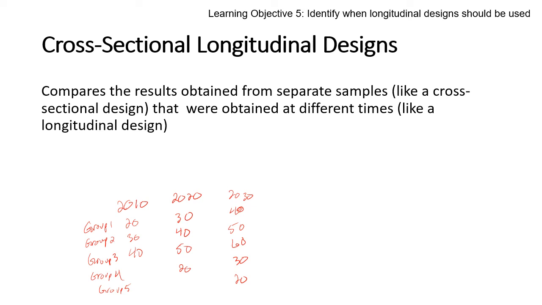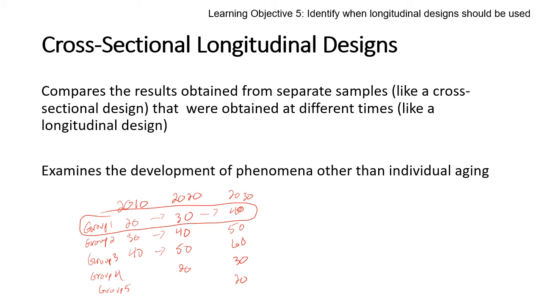But we're getting more than just the data going from here to here, because if we wanted to just do a longitudinal, we'd just do this one group. But because we're doing other groups like the 30 to 40 and 40 to 50, we can now control for certain factors like certain maturation factors that might occur.